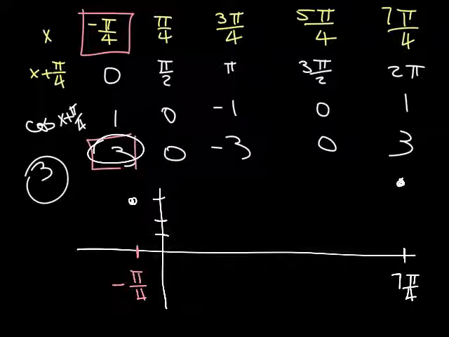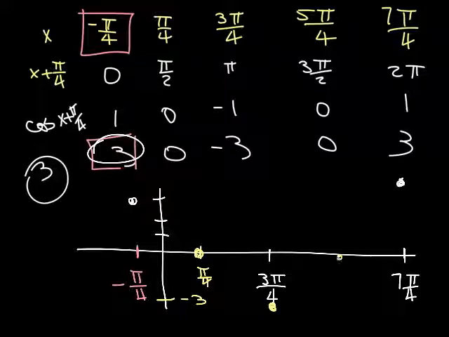My halfway point is 3 pi over 4, and it doesn't matter if it's exact, as long as you have an idea of where it goes. I'm at negative 3 down here. And this point right there is pi over 4, and it crosses at 0. And my other one is at 5 pi over 4, and it crosses at 0.